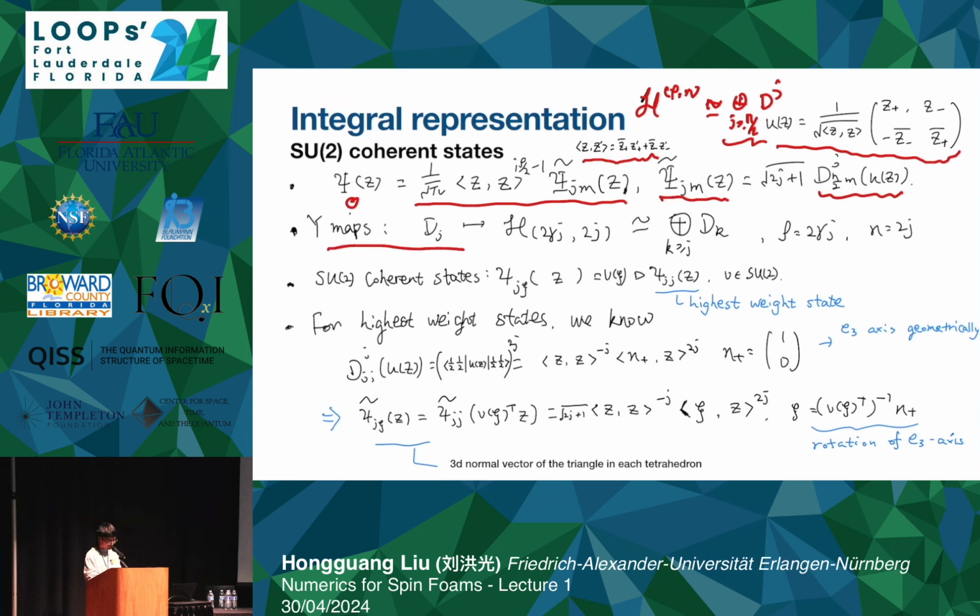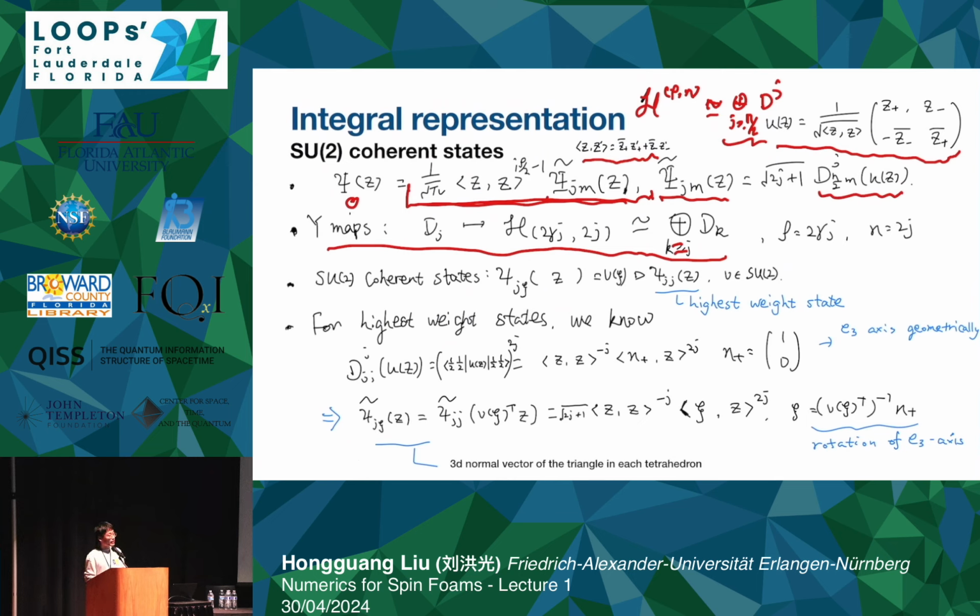The Y map fixes the j exactly, so we only have k equal to j for the Y map. This means we have a very concrete formula for any state on the Y map. For a state of SU2, we have this, and we map it into the SL2C state with this formula. That's the embedding, which is now explicit in these homogeneous functions.